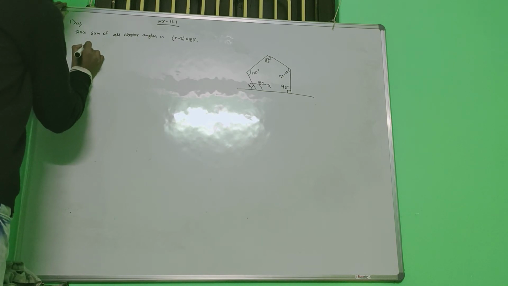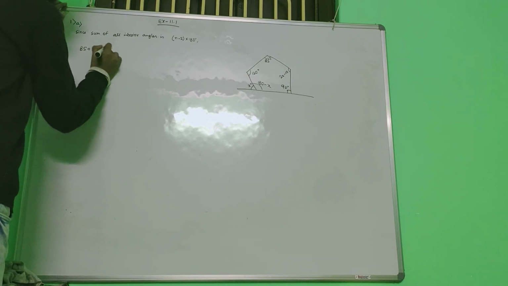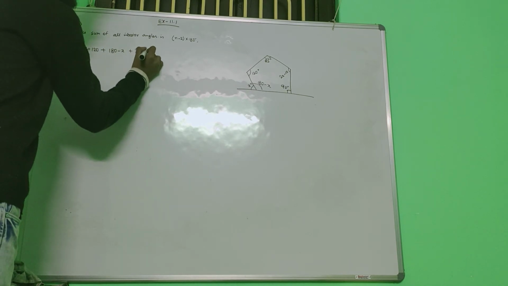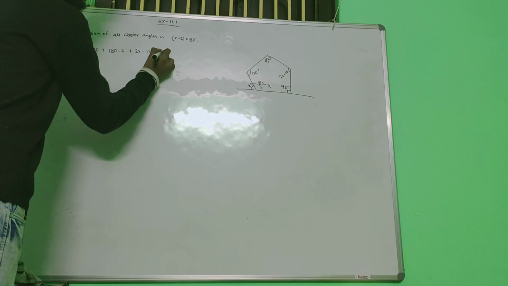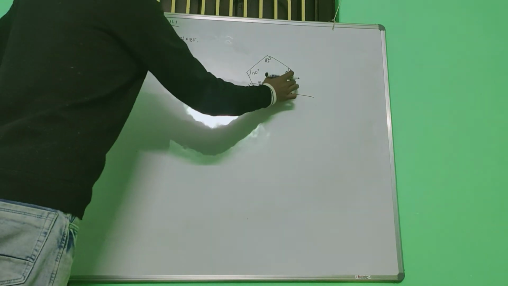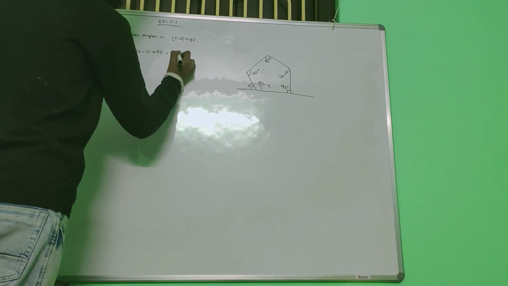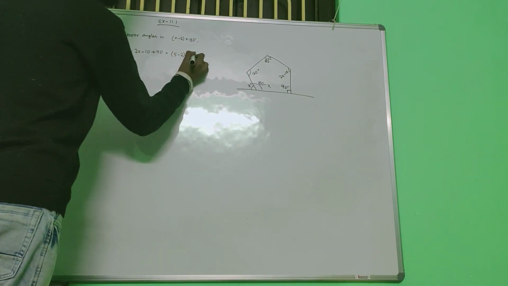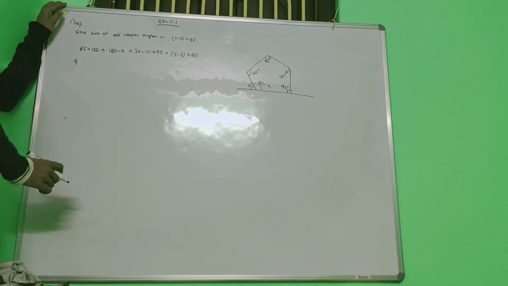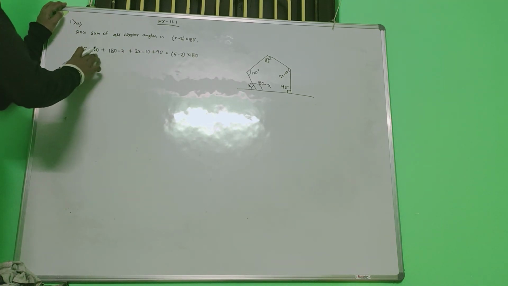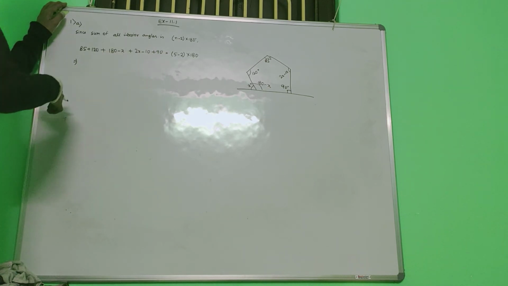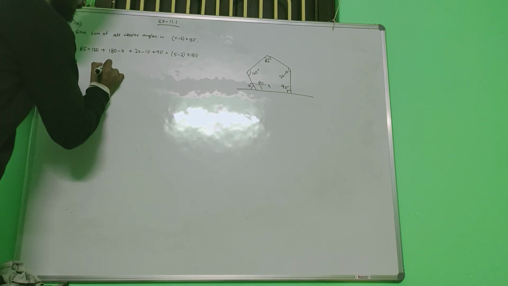Their sum, that means 85 plus 120 plus 180 minus x plus 2x minus 10 plus 90 will be equal to n minus 2 into 180. How many sides are here? 1, 2, 3, 4, 5. That means 5 minus 2 into 180. We have to find the sum, so 85 plus 120 plus 180 minus 10 plus 90.